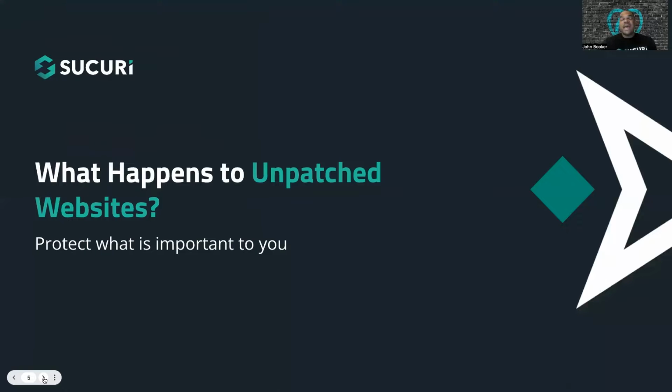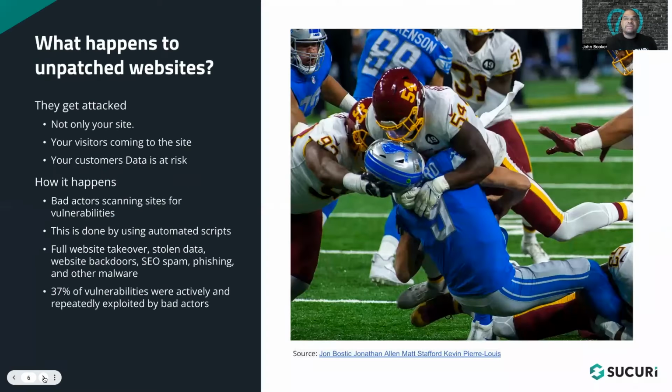Next is what happens to unpatched websites. When the website contains unpatched security vulnerabilities, it could put not just your website, but also your visitors and customers' data at risk. As in our latest report, automated attacks targeting known software vulnerabilities are one of the leading causes of compromise and infection. Bad actors regularly scan websites, big and small, for any known vulnerabilities.